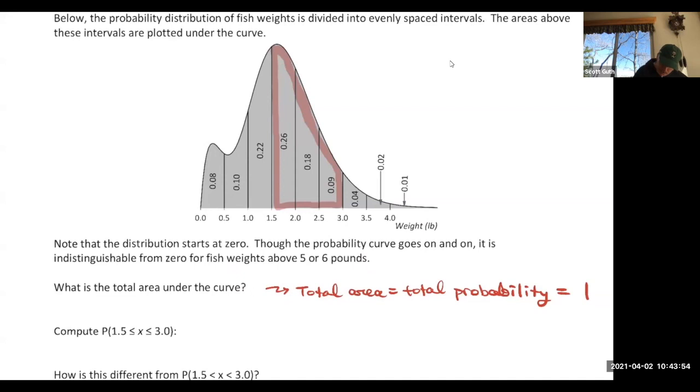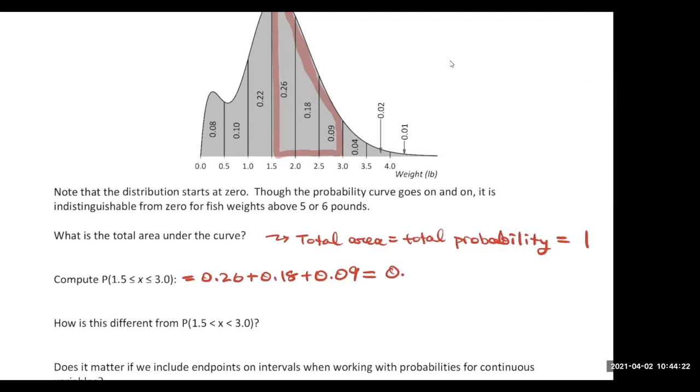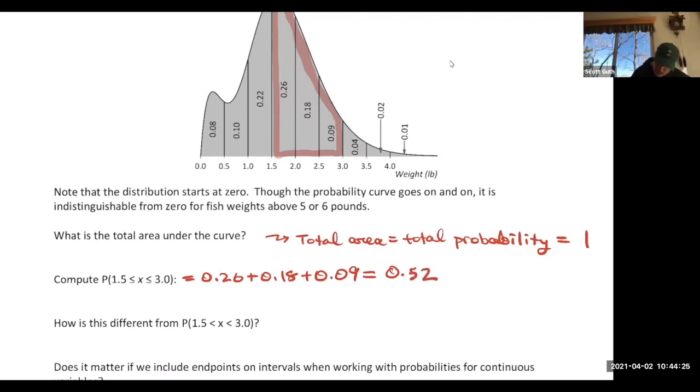So the probability is equal to 0.26, the first bar. It's not really a bar, it's a slice, plus 0.18 plus 0.09. And that's 0.52.